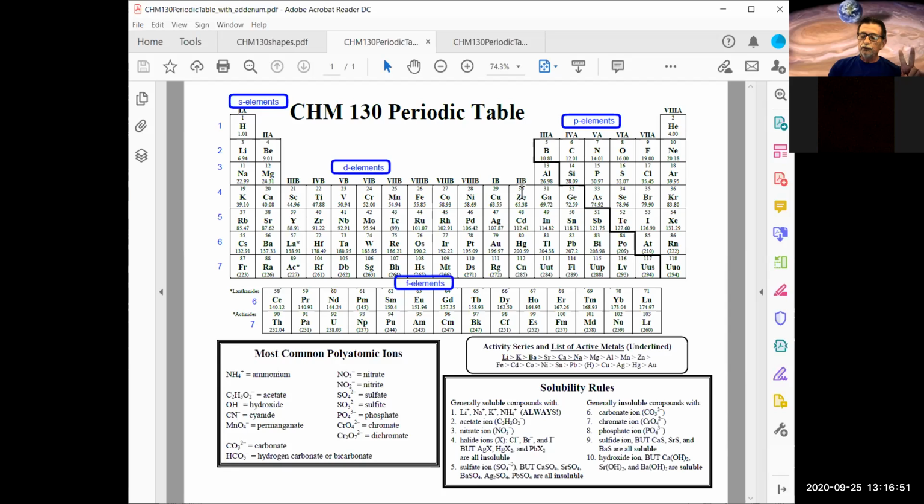Each one can handle 2 electrons, total of 10. So if we start to fill up the D, we start with number 21, and you won't fill up the D's until you hit element 21. From elements 1 to 20, there's no D electrons to worry about. But the moment you hit 21, now you got to deal with the D elements and shoot across the periodic table to D10.